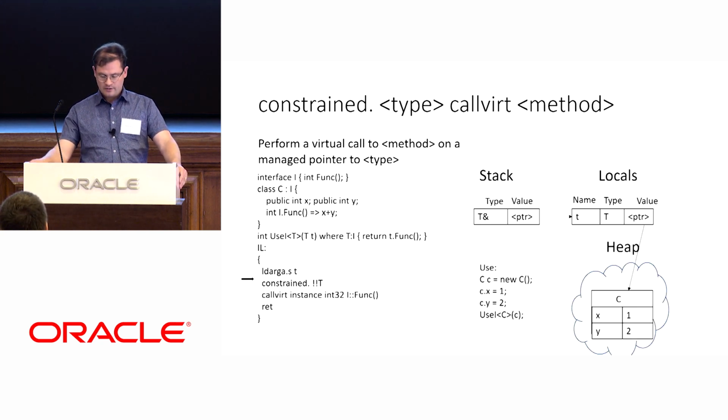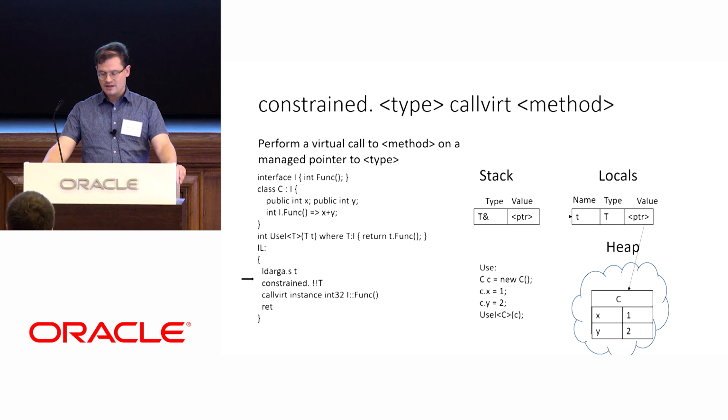Major difference here is from what we have here. Here we have a class C. So this is the class case. When we execute the first instruction, we still generate a managed pointer to the variable of type t, but it's actually generating a managed pointer to the local. And so we now have 2 pointers going on here.